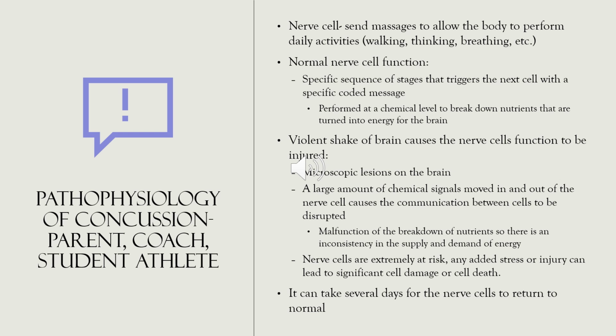This increase and decrease of chemical signals lead to malfunction of the brain's ability to break down its nutrients. When the brain's nutrients cannot be broken down properly, it causes an inconsistency in the supply and demand of energy that the brain needs, meaning there is not enough energy being provided to the brain for it to function properly.